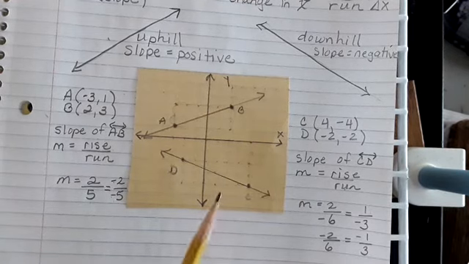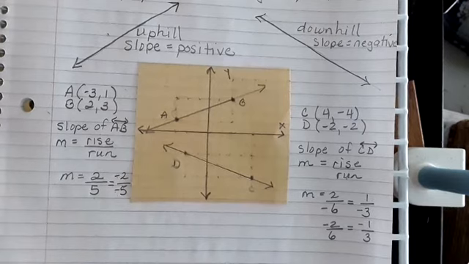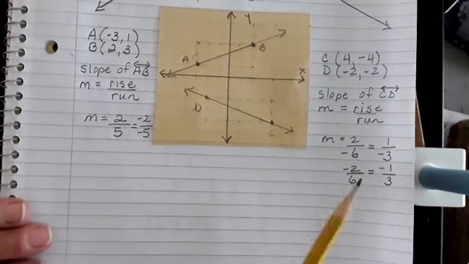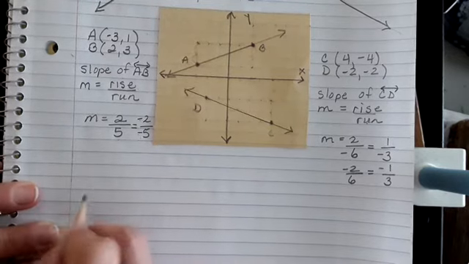So that's how you find the rate of change or the slope if you're given a graph of a line. I also want you to be able to find the slope if you're given a table of values.